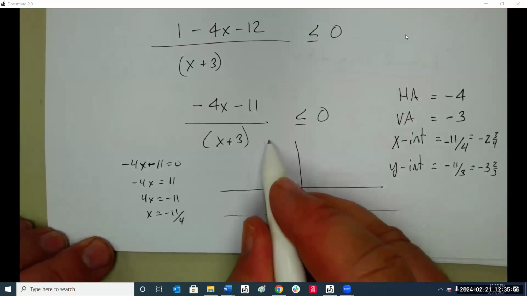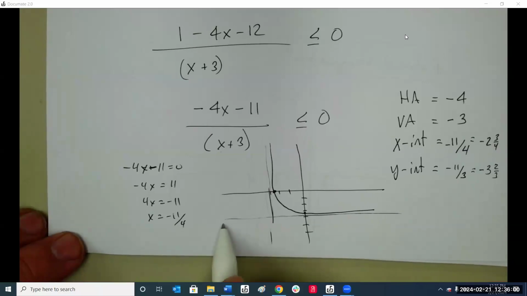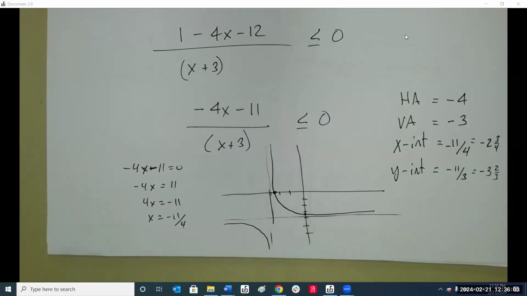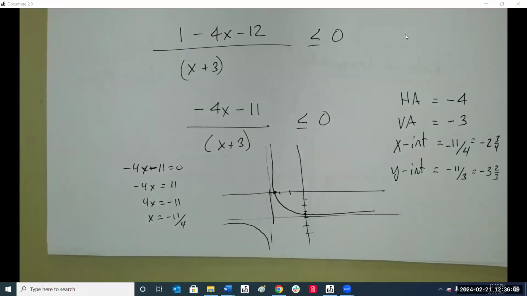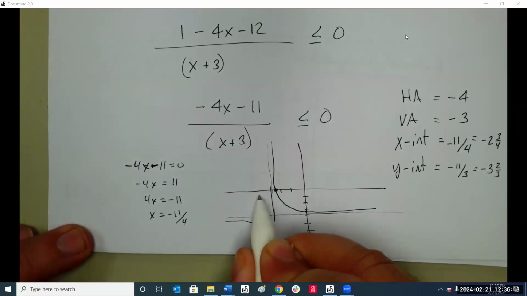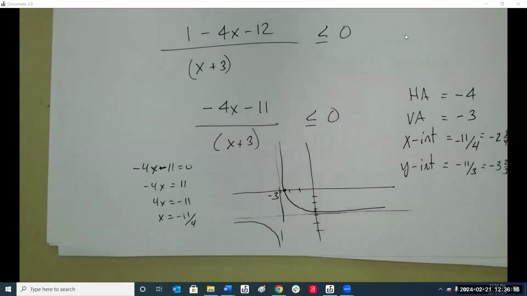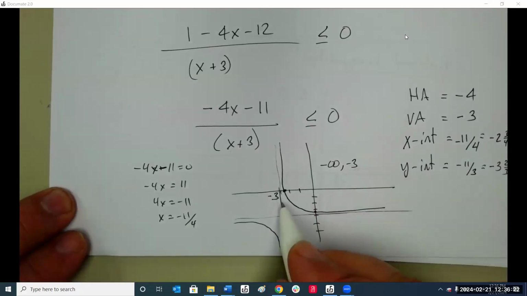All right, so our graph here will look something like that. That means this side here will look like that. We want to know everything less than 0. So what's our domain? This one is at negative 3. Can we include negative 3? No, because it's an asymptote.